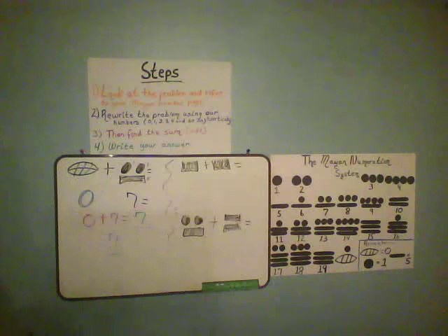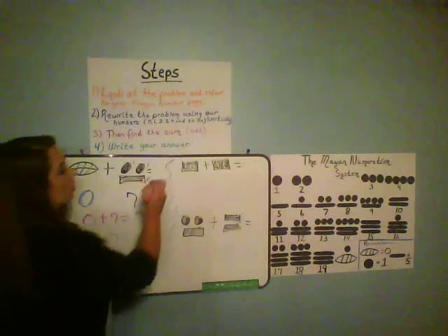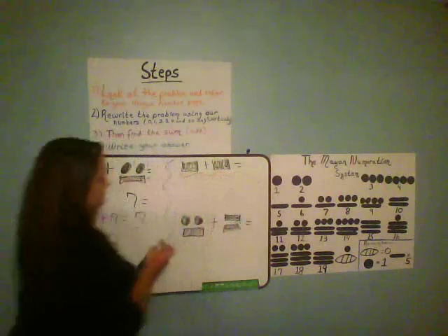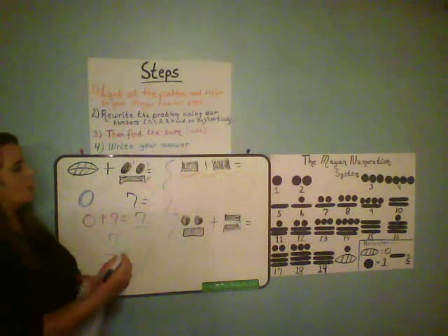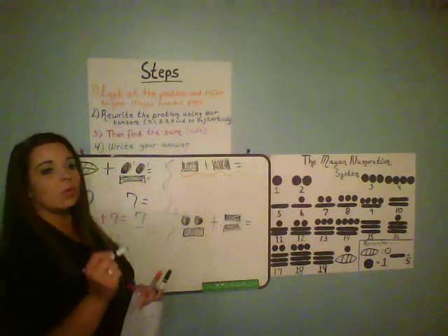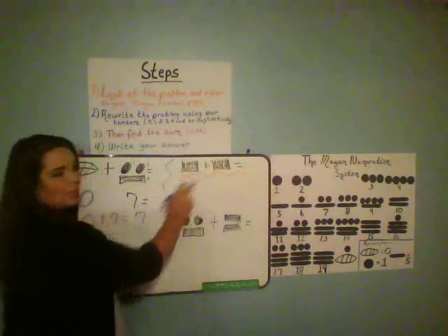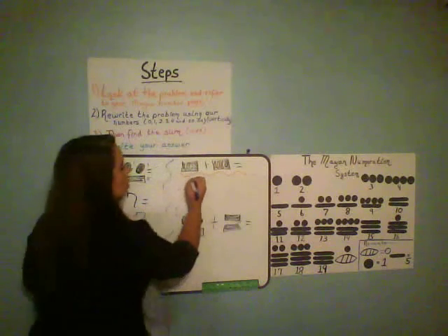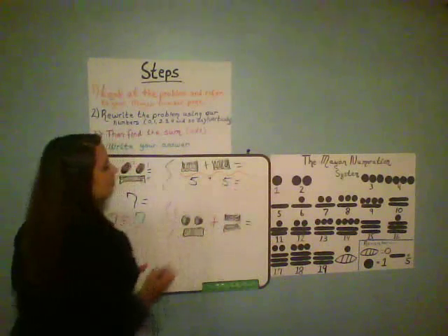Okay, so the first one, a bar and a bar. The first step that we're going to do, Michael, is what? Right, look at the problem. The second step that we're going to do, Emily, is, right, excellent. Rewrite the problem using our numbers. So Emily, what did you get? What two numbers? Good. 5 and 5.